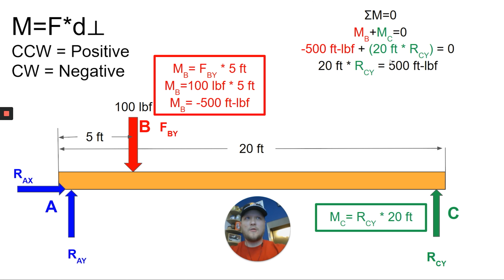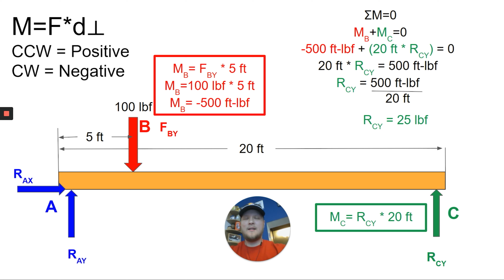To solve for RCY, I'm going to move my negative 500 foot-pounds to the other side of the equation. So I'm left with 20 feet times RCY equals 500 foot-pounds. I'm going to divide by 20 feet. So then I'm left with RCY equals 25 pounds of force.